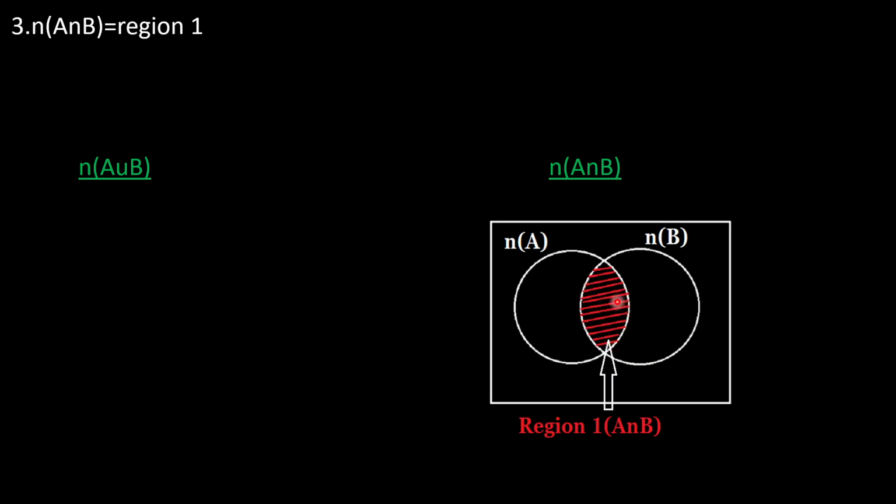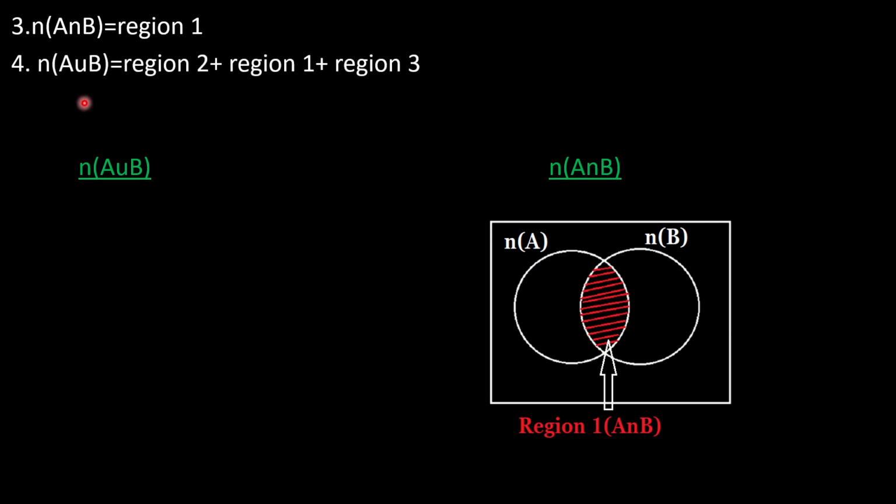This is where the red hatching is. So the number of A intersection B, where set A and set B share, is the red color, or where the red hatching is.